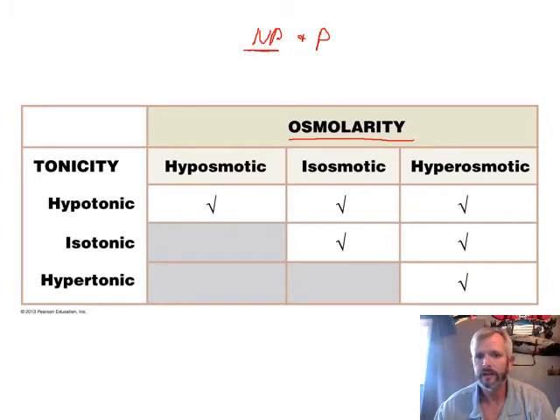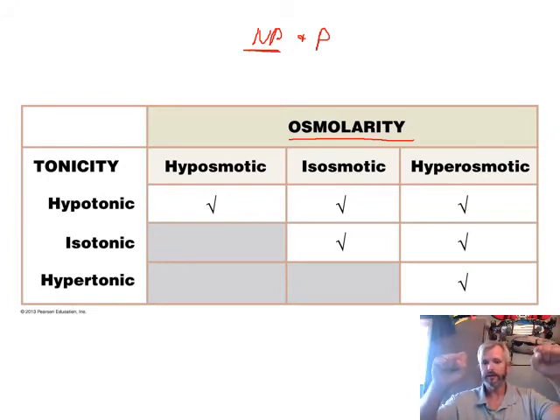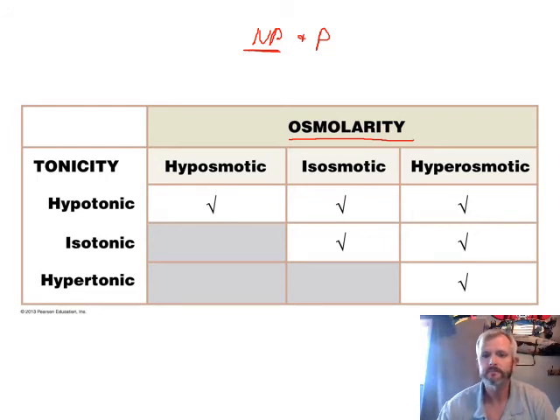Only the non-penetrating. So osmolarity is telling you I'm comparing osmolarity of the solutions. Before I put the cell in the solution, what are the osmolarities? If I have a solution, my cell's what? 300 milliosmoles of non-penetrating.